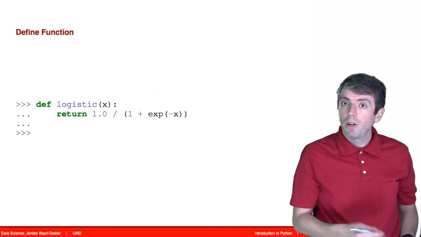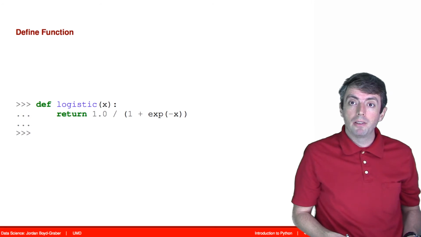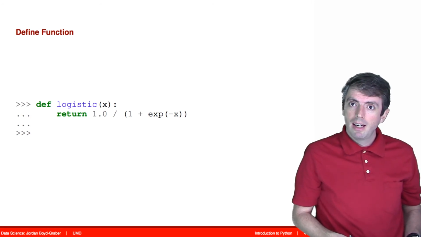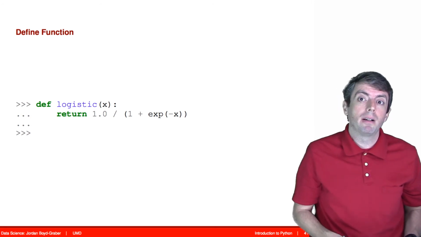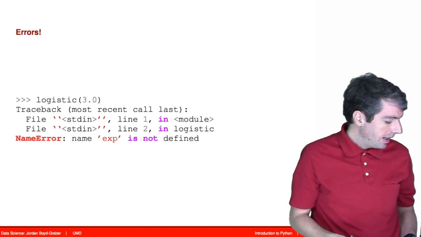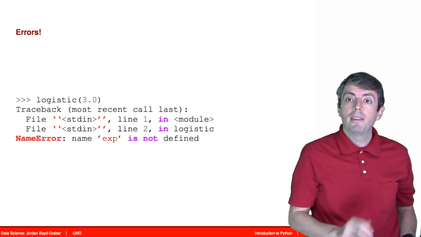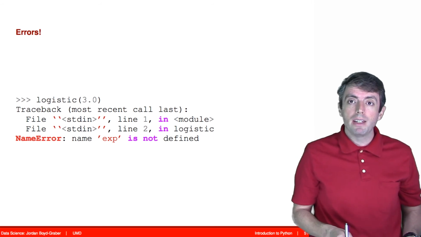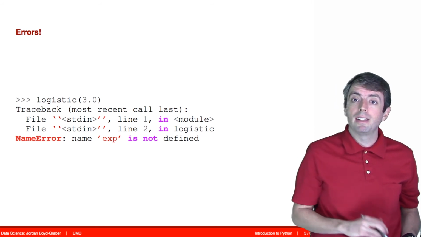So I haven't told you what the exponential function is, and I also haven't told the program what the exponential function is. So if I type this in, and I try to run the logistic function on the input 3, it will generate an error.